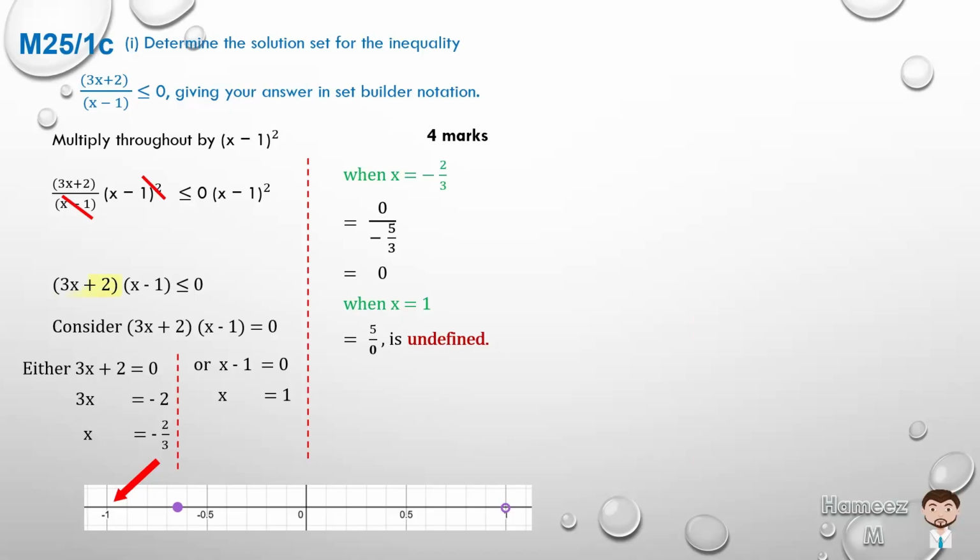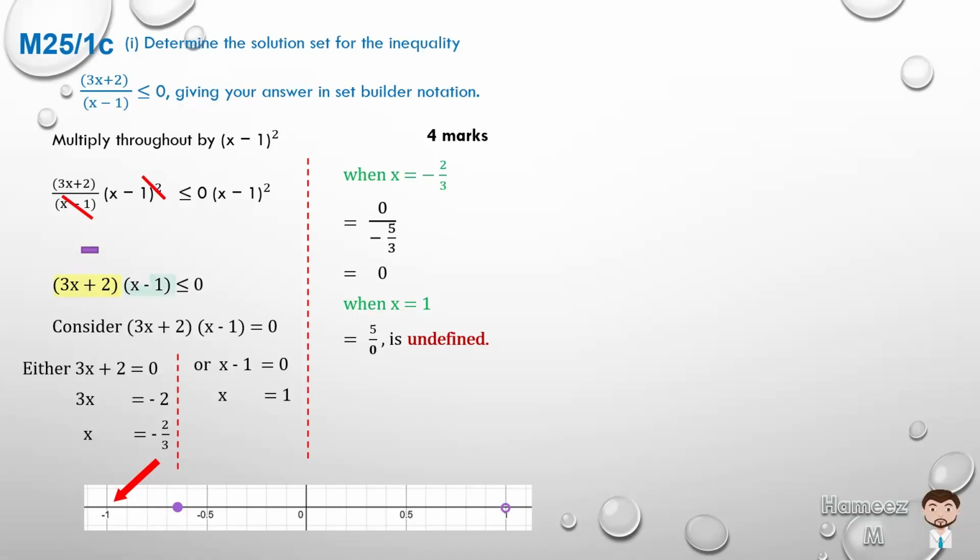So let's look at the product here, 3x plus 2. When x is equal to minus 1, 3 times minus 1 is minus 3. Minus 3 plus 2 is minus 1. So that gives us a negative solution. And when x is minus 1, minus 1 minus 1 is minus 2.